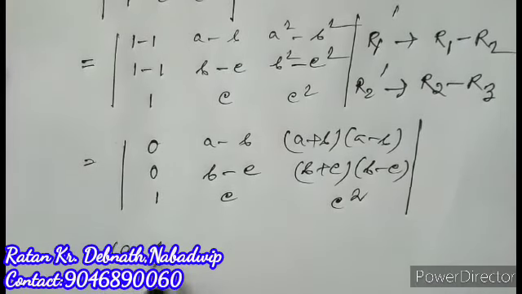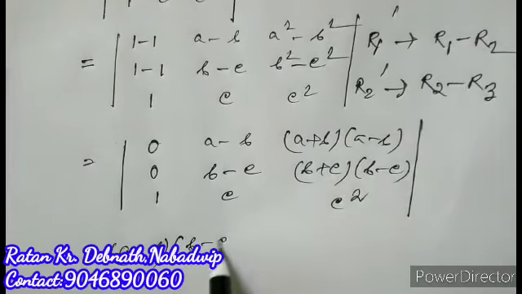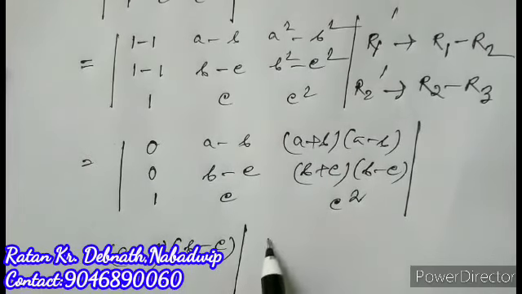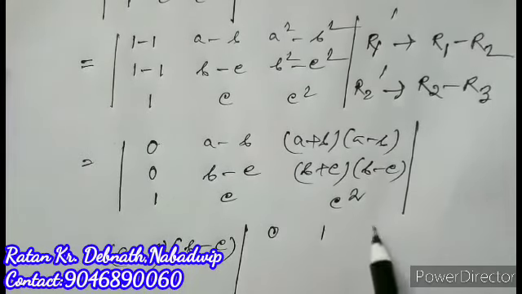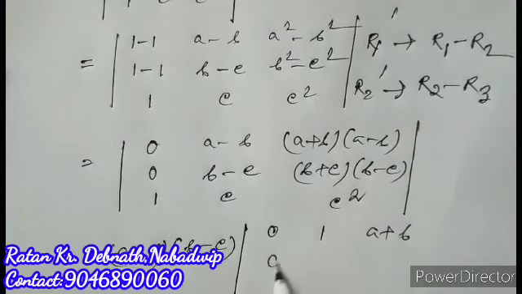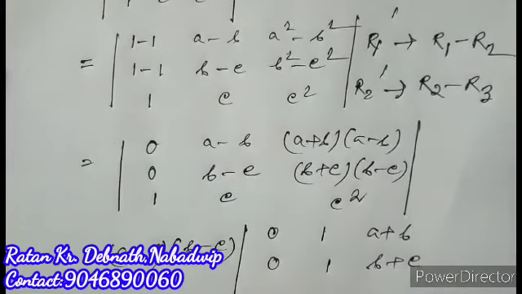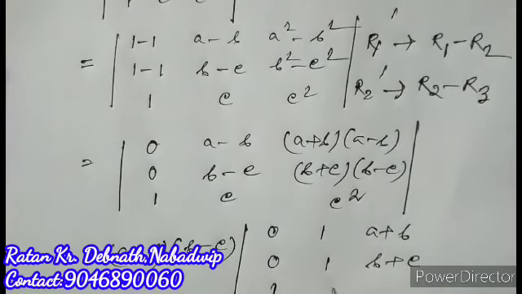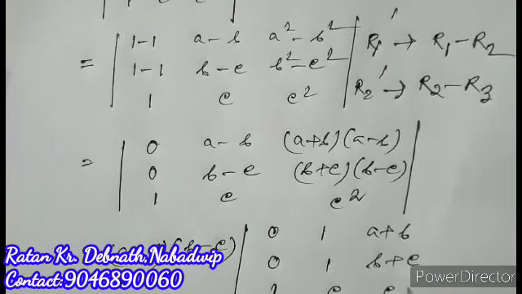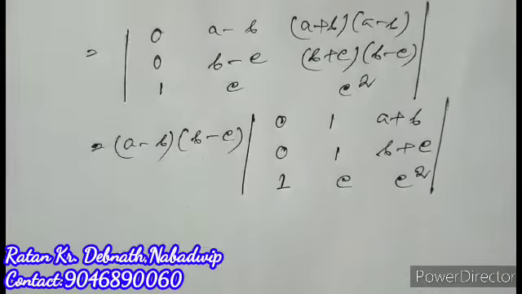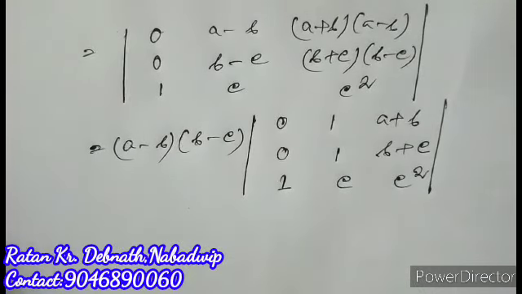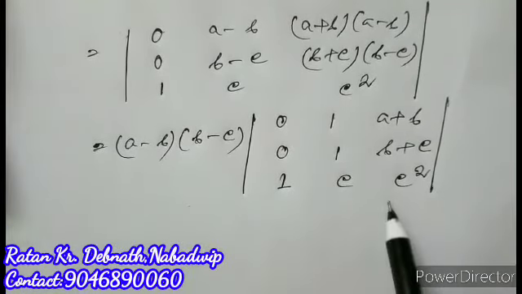A minus b, b minus c; 0, 1, a plus b; 0, 1, b plus c; 1, c square. Third row remains unchanged.